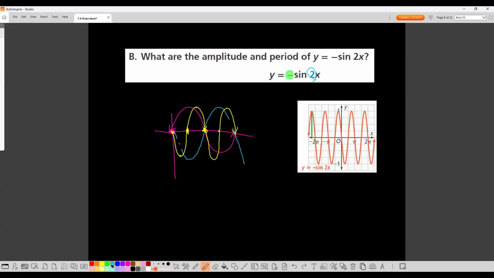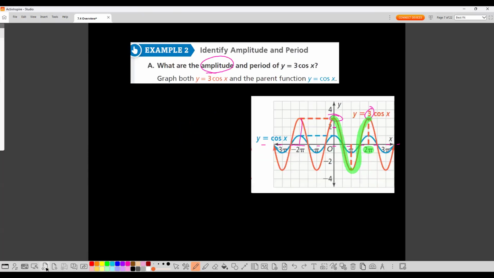So we would have our first cycle finished, and then after that, we would have the second cycle finished. That's the frequency, 2 cycles of the graph where we normally would have one up to 2 pi, like when we looked at the last one without that frequency value in front of the x. Our normal period, how long it took to finish the cycle, was 2 pi.